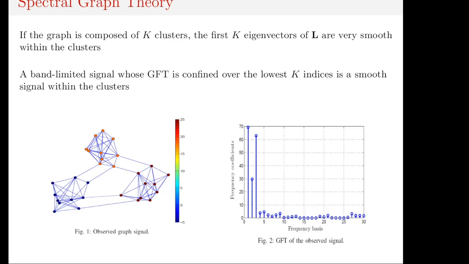In this case, by using for example only 3 coefficients, because we have 3 clusters. If I wish to represent this signal here, we can see that the signal is smooth within each cluster. I need only 3 coefficients to represent this signal.